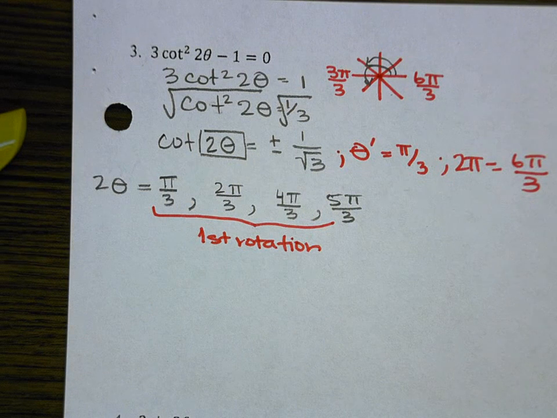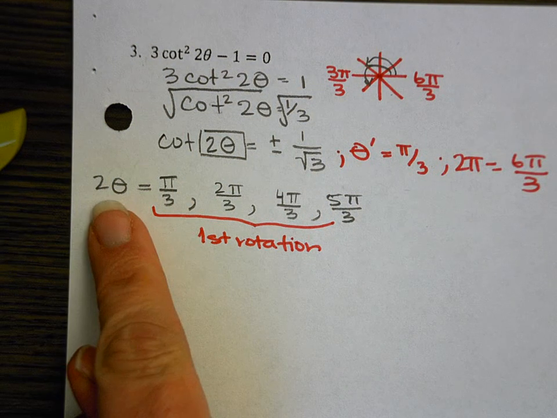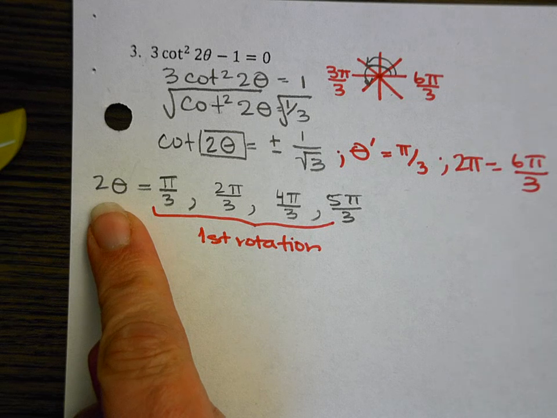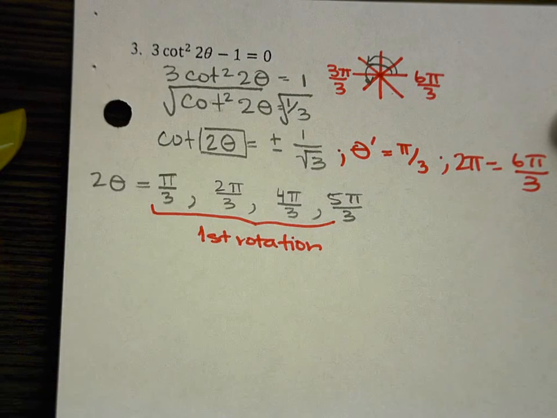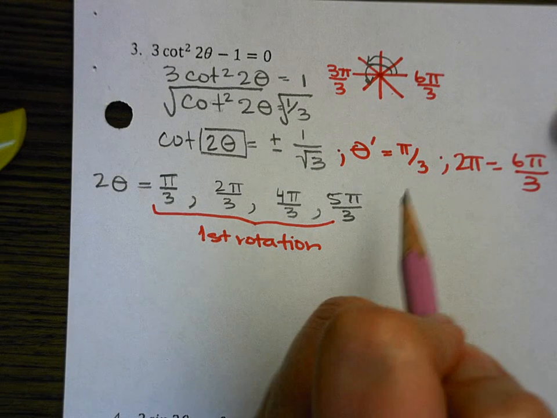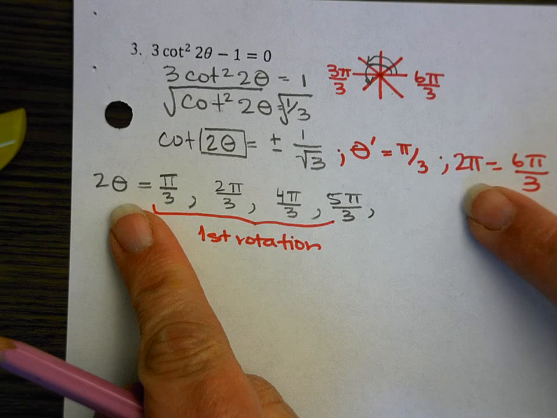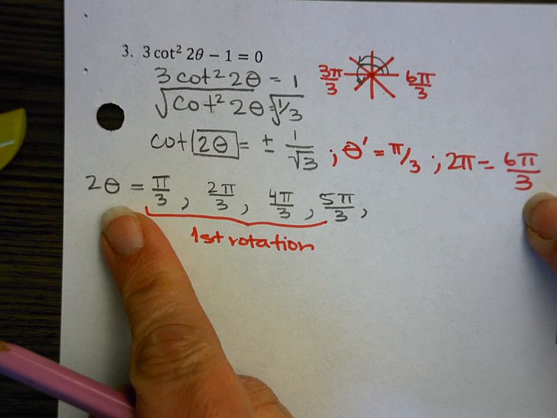So I have to have a second rotation because that's a 2 theta, and if it had been a 3 theta, I would have 3 rotations, right? So 2 is already bad enough, so thankfully it's not 3. So how do I find my second rotation? I need to add 2 pi, which is the same as 6 pi over 3, to each one of these.